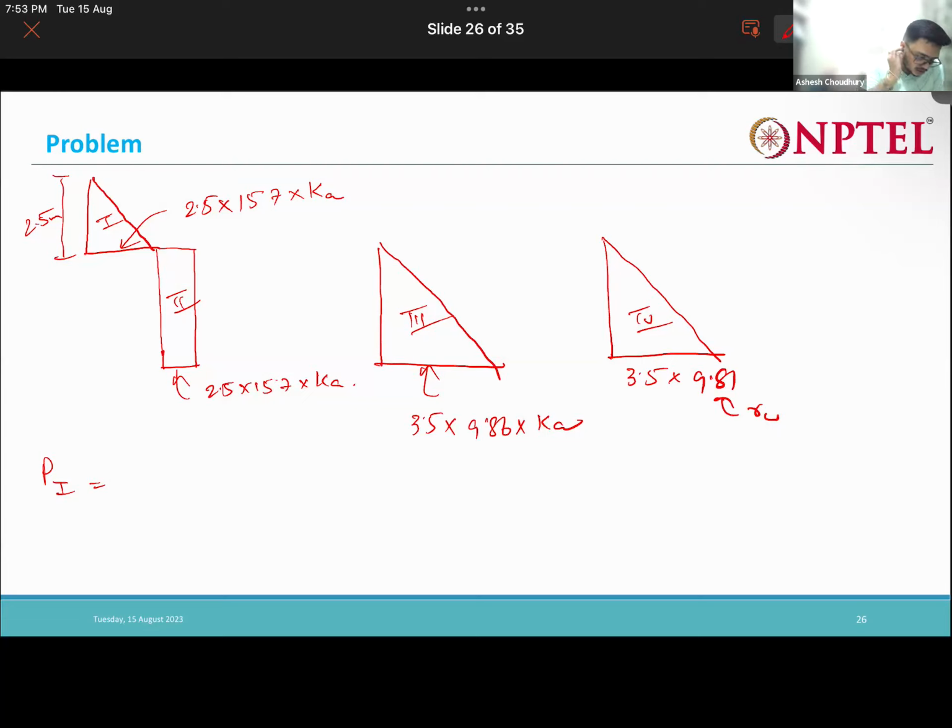That is, half into K gamma D into 2.5 squared, which comes to about 30.